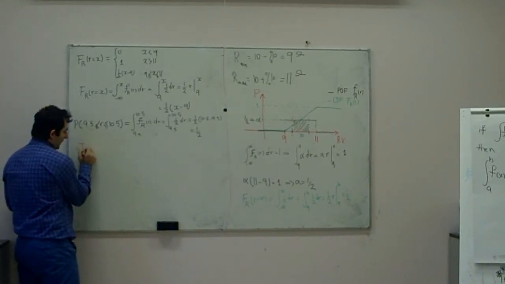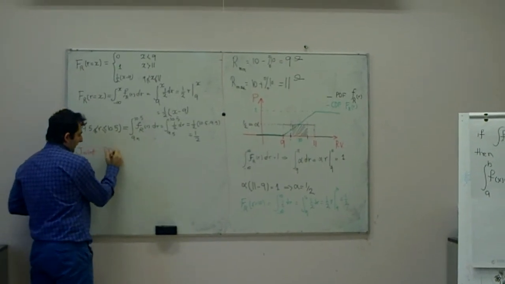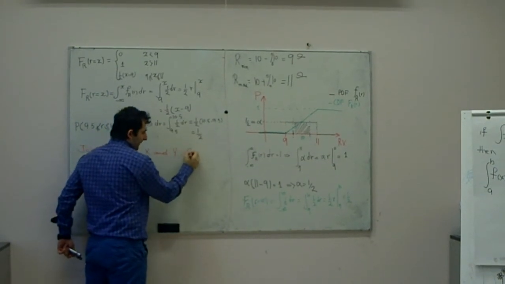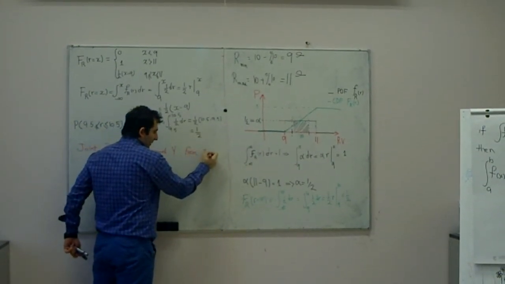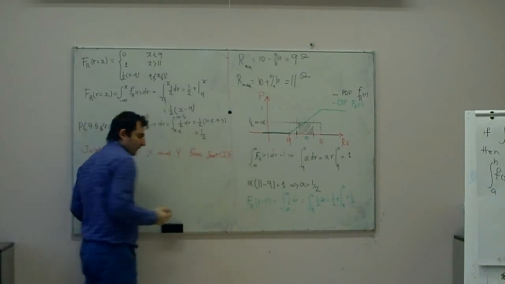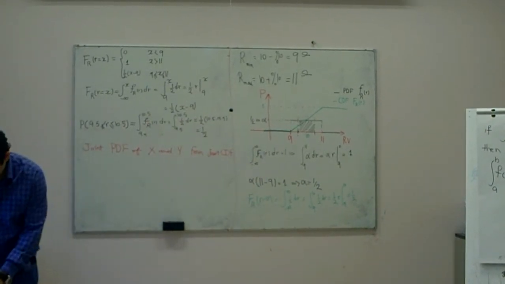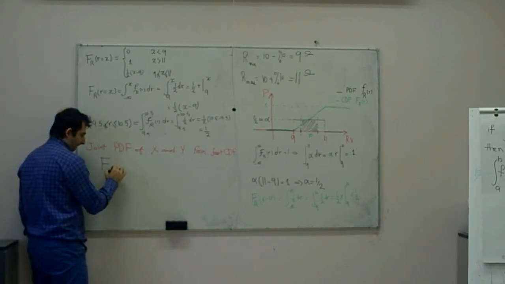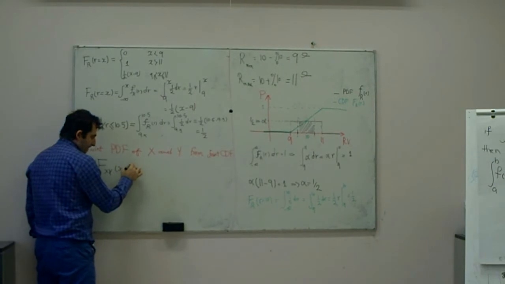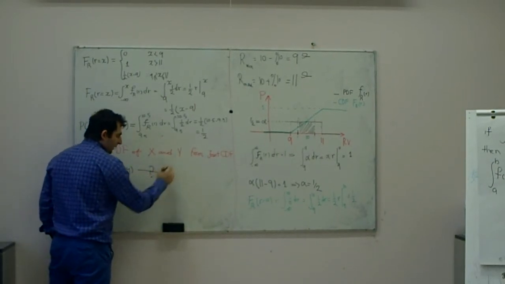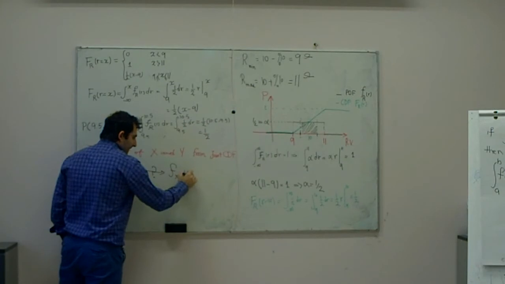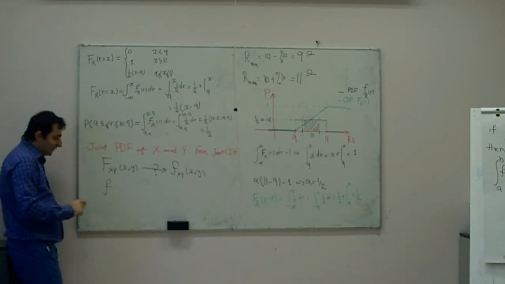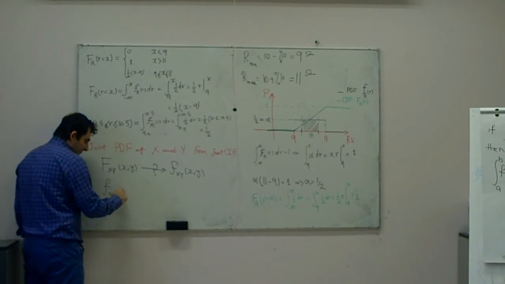So we are going to talk about the joint PDF of X and Y from the joint CDF. I have the capital F of X and Y. The question is how to calculate the joint PDF of X and Y.